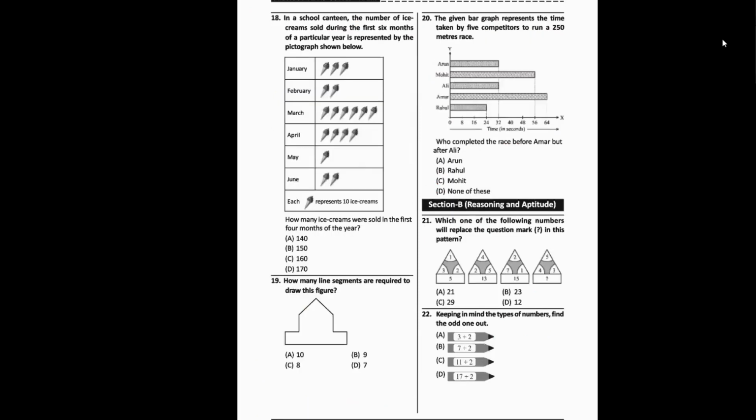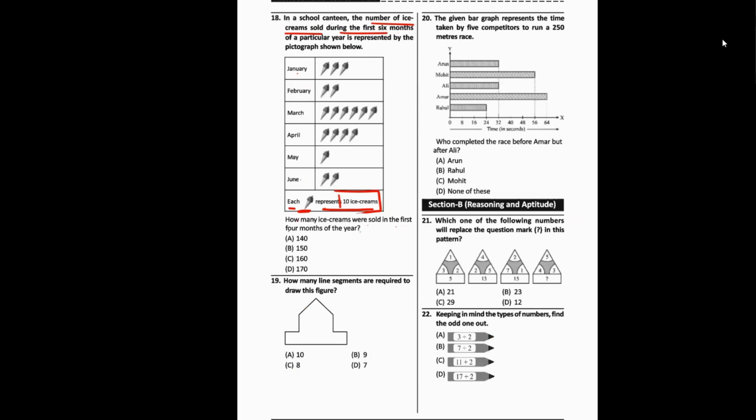Okay, all of you. Moving on to number 18. In a school's canteen, the number of ice creams sold during the first 6 months, January to June, is given. This is a pictograph, and over here the key is each ice cream cone represents 10 ice creams. So how many ice creams were sold in the first 4 months?